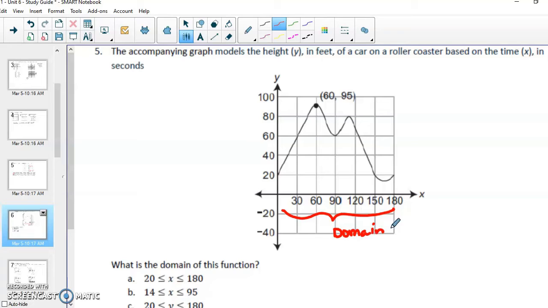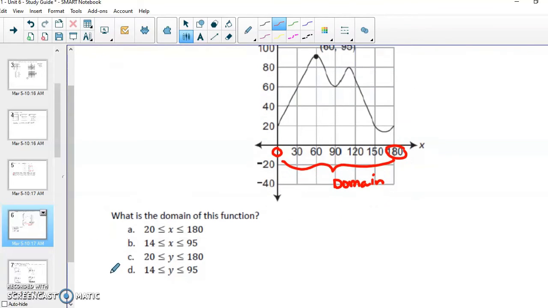So when we look at the graph, where are my x values going? Well, they're starting at 0 and going all the way to 180. That's a 3-minute roller coaster ride. I think there's a typo in this one, and I think that this should be 0 instead of 20. We're going to call this choice A.